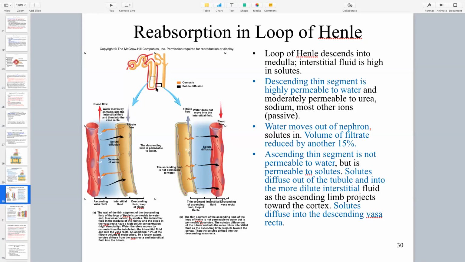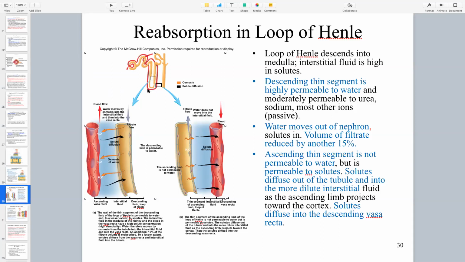As it comes down here and makes the U-turn, the blood osmolarity will be identical to the osmolarity of the filtrate: 1,800 milliosmoles of salt, 1,800 milliosmoles of salt. They should mirror each other, right? So why is this important?